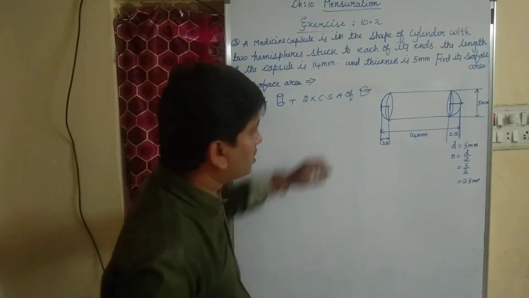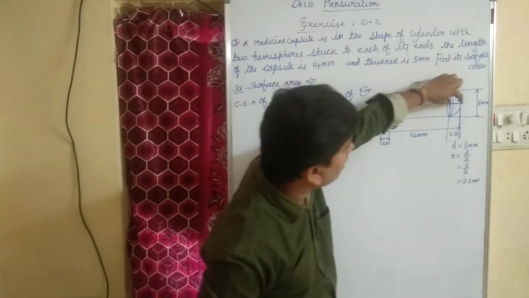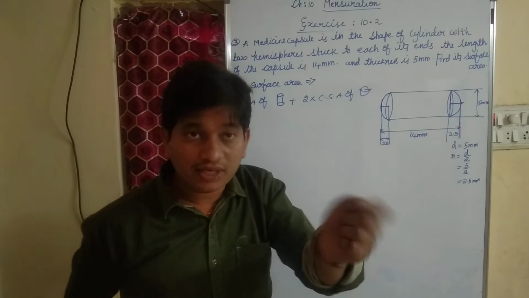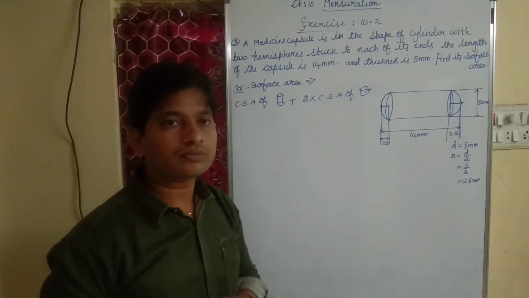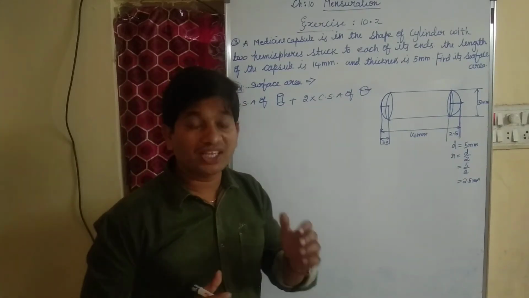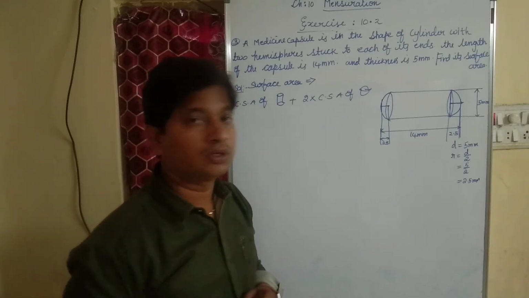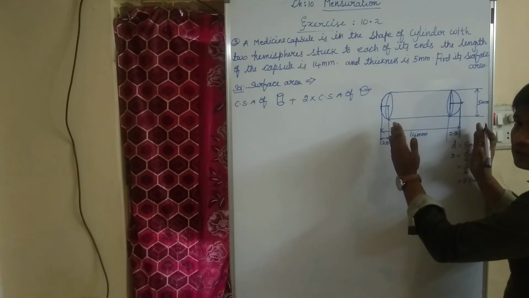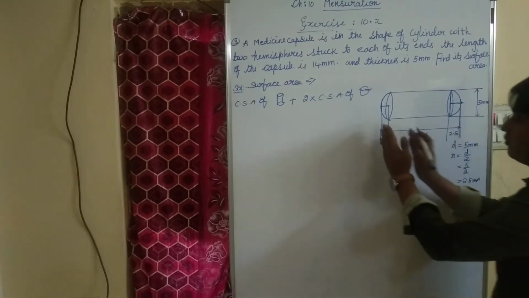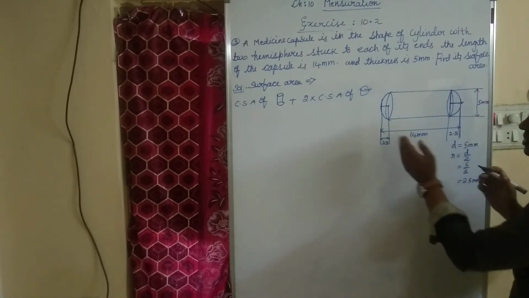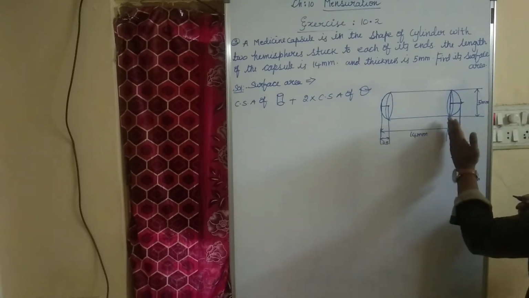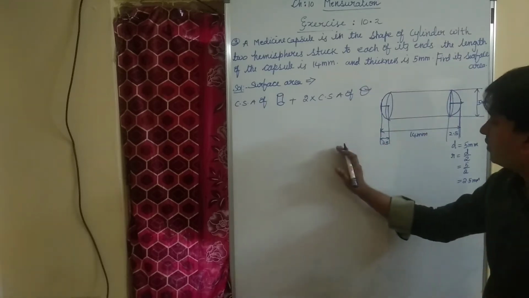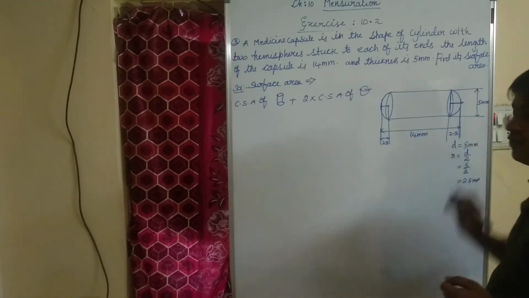Right? So this is the height of the hemisphere. Height of the hemisphere will become the radius of the hemisphere. Right? Now, could you guess what is the height of the cylinder? Actually, the total length of the medicine capsule is 14 mm. From 14 mm, we have to remove this 2.5, as this is the height of the hemisphere, as well as this 2.5.